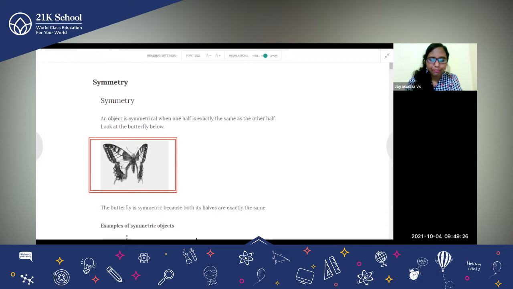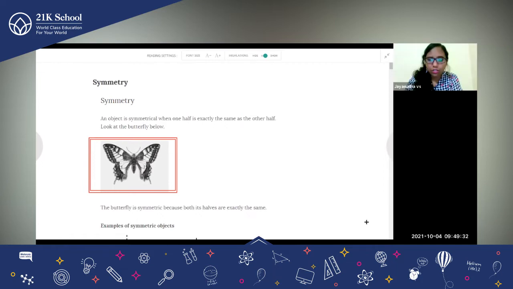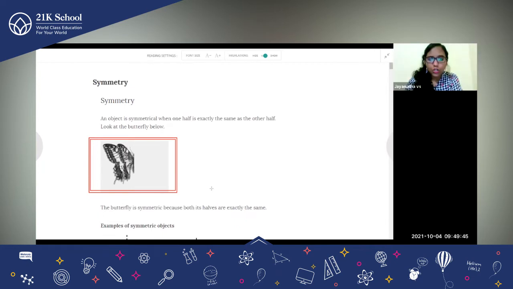Vadehi, can you tell? How will the designs of the butterfly be on either side of the body? Some are like a little triangle. No, I'm not asking about the shapes.